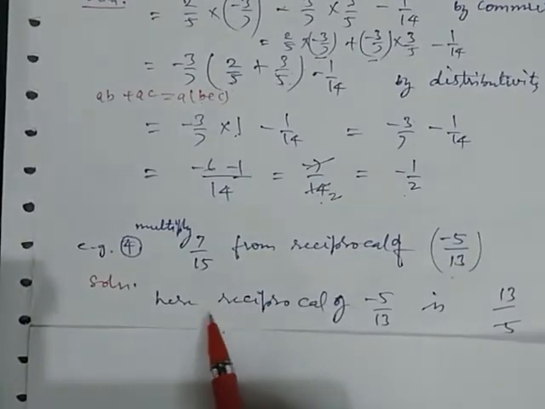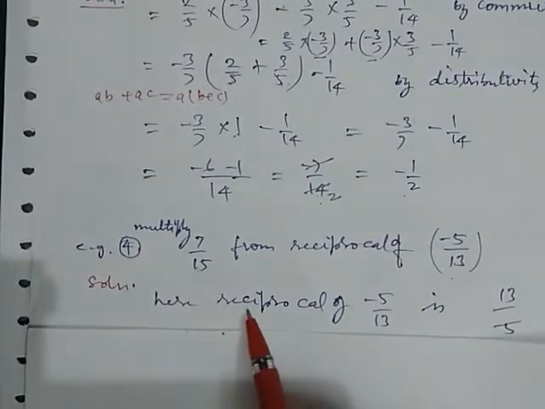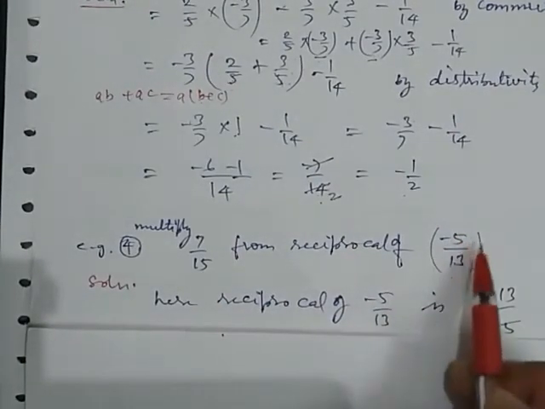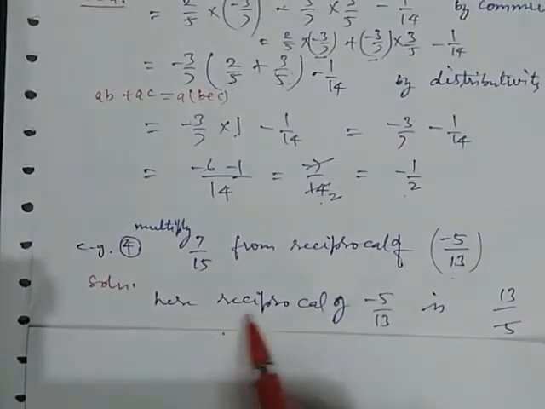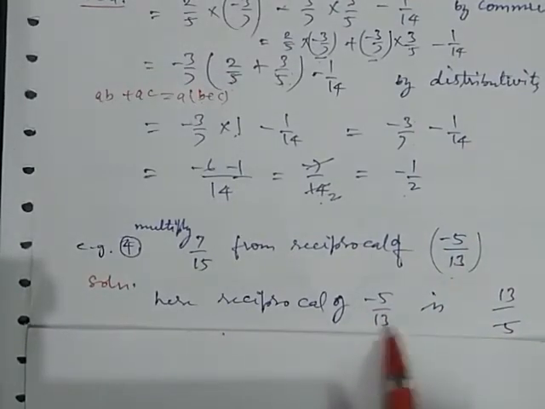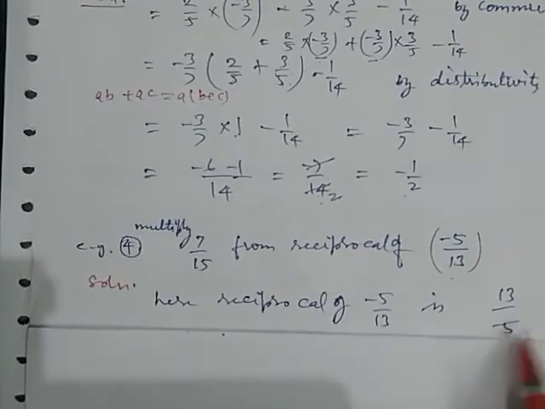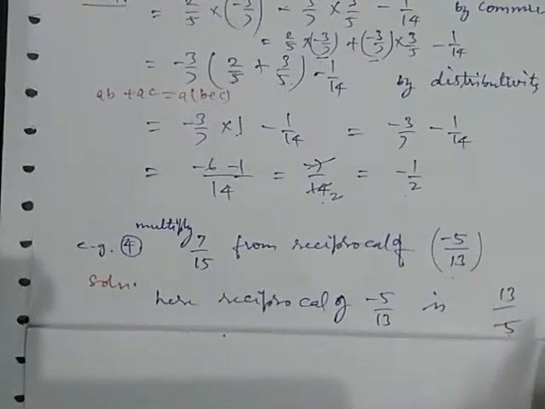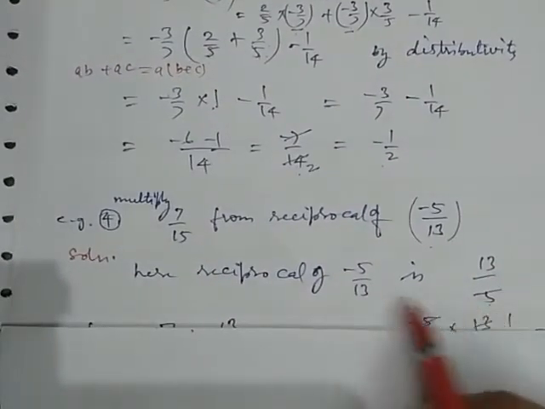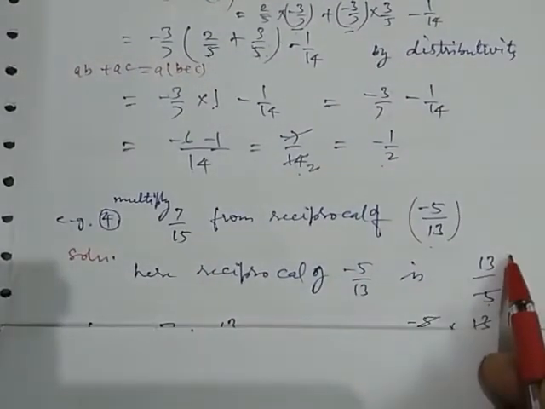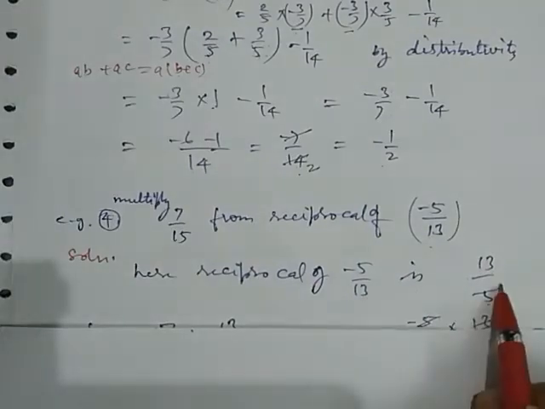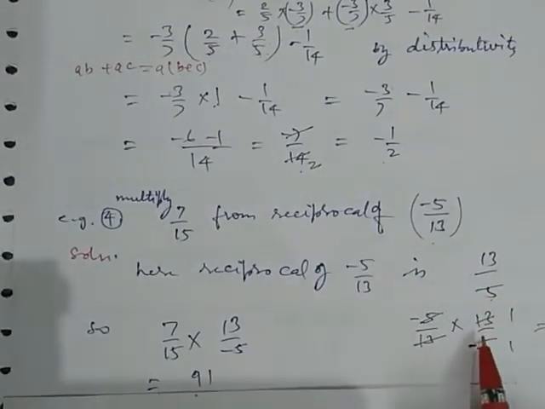First we want to know the reciprocal of minus 5 by 13. Here the reciprocal of minus 5 by 13 is 13 by 5. Why? Because when we multiply both these terms, we get 1. This cancels out by this and this cancels out by this. So these terms are reciprocals of one another.